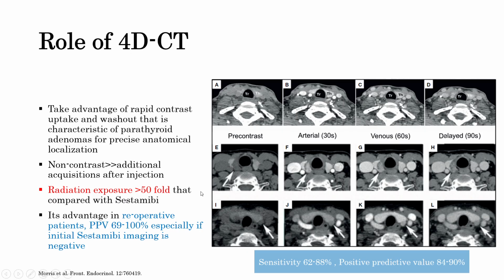Of course, in this patient we see here a right-sided adenoma, and there is a left-sided adenoma here in the white arrowheads. The positive predictive value in initial imaging is 90%, but it reaches 100% in reoperative patients.